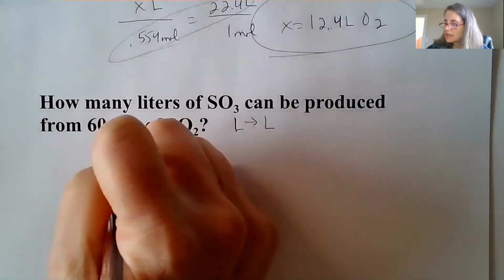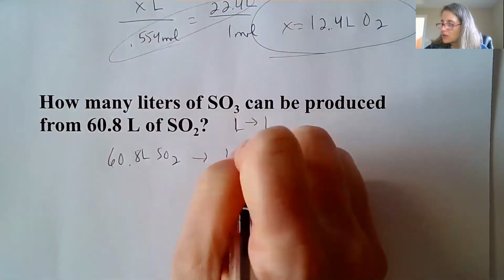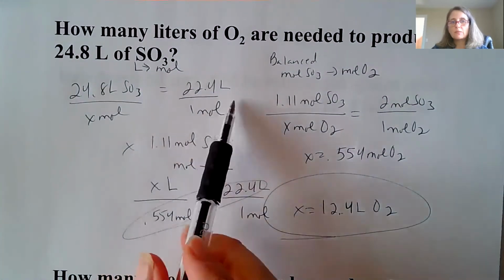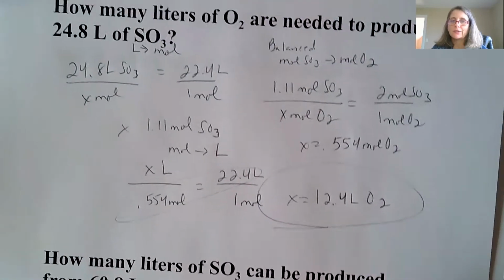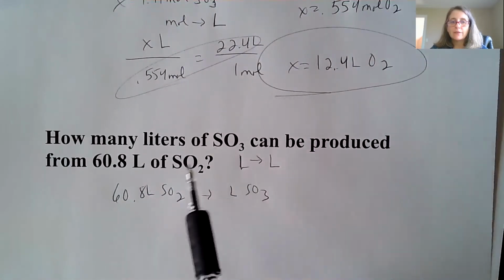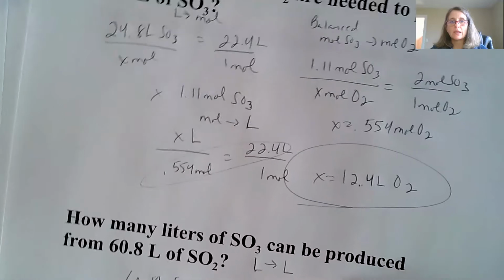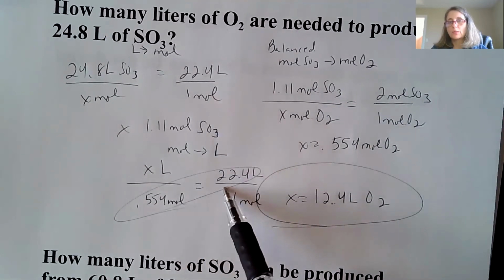So since I have 60.8 liters of SO2, and I want to go to liters of SO3, the first step is always going to be 22.4 liters and the last step is always 22.4 liters. All I have to really do is look at the relationship between SO2 and SO3 because I'm always going to be dividing by 22.4 and then multiplying by 22.4.